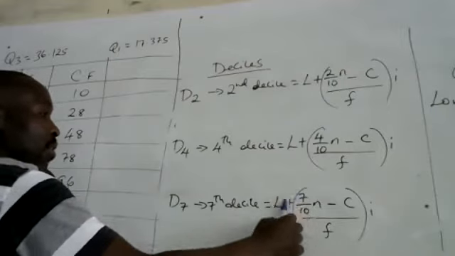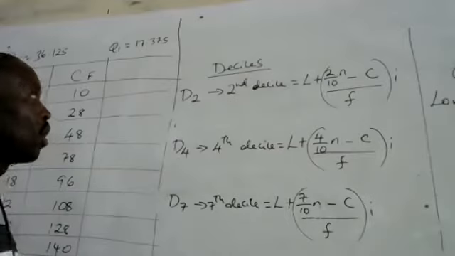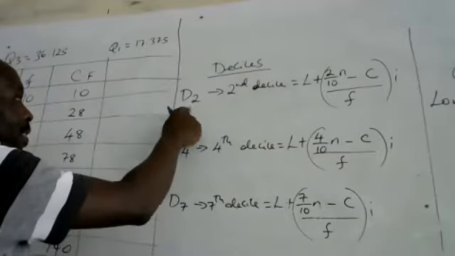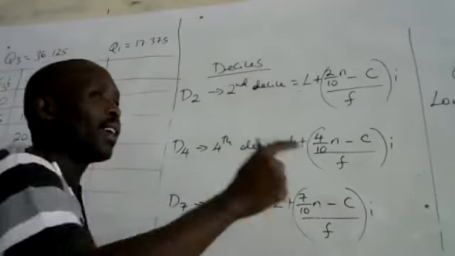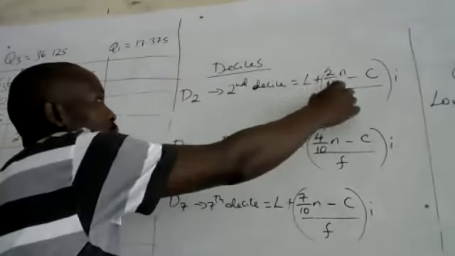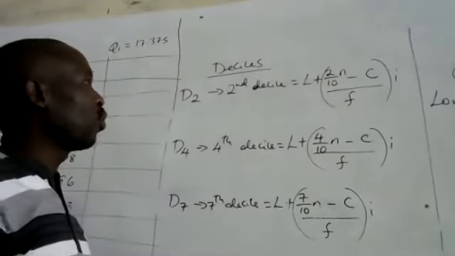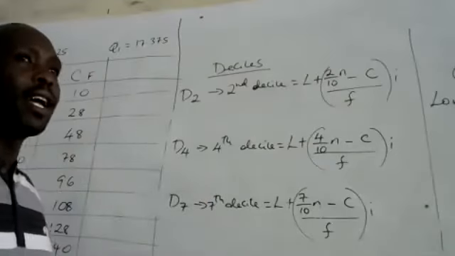And remember, this part is very crucial in giving us the class. For us to calculate the second decile, we must have the second decile class. If we want to calculate the fourth decile, we must have the fourth decile class.